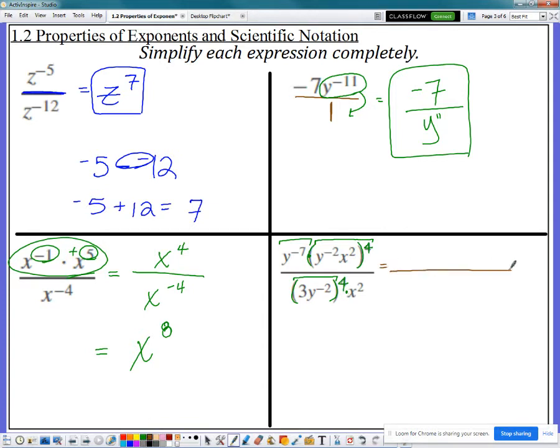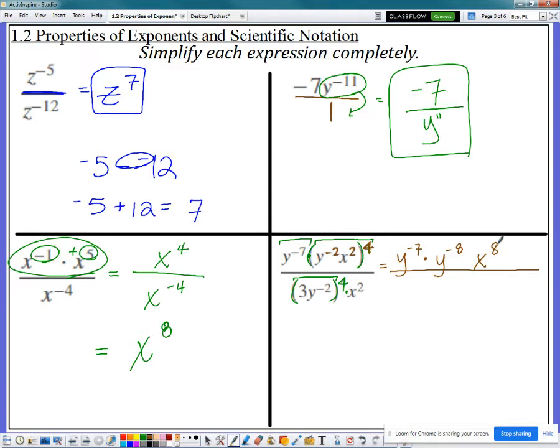So I'm going to look at the numerator first. So I have y to the negative 7th. That's going to stay there. Times, remember, when you have a power raised to a power, that's the power property, you need to multiply. So we're going to multiply negative 2 times 4, and we get y to the negative 8th. And then x squared raised to the 4th is x to the 8th.